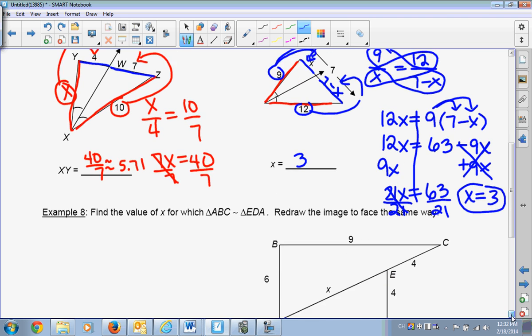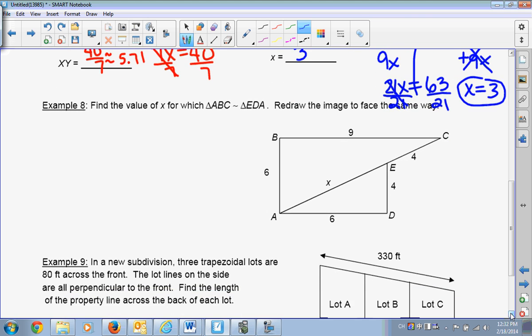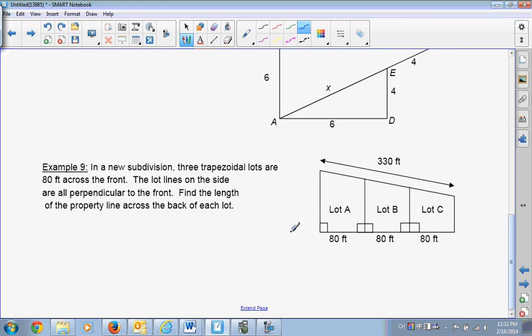Okay, we're going to continue on. We're going to do number 8 in class, and then we're going to finish up right now doing example 9 together. In a new subdivision, there are 3 trapezoidal lots. These are trapezoids. Are 80 feet across the front, so 80, 80, and 80. The lot lines on the side are perpendicular to the front.